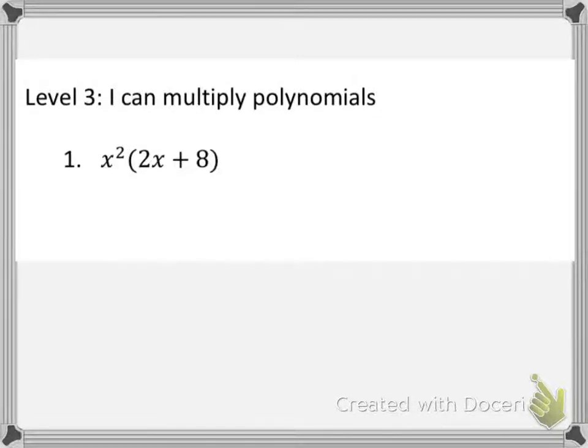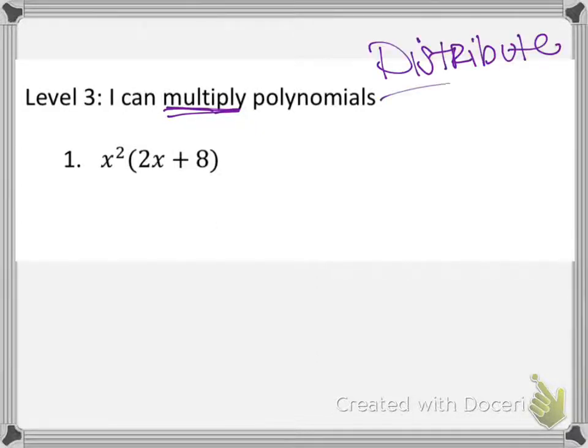Alright, so far we have done adding polynomials, subtracting polynomials, and now today we are going to multiply polynomials. When we do this, we're going to distribute whatever's outside the parentheses to my terms inside the parentheses. So I'm going to be multiplying x squared times 2x and x squared times 8.